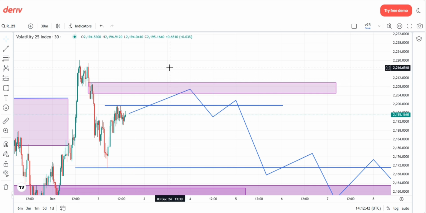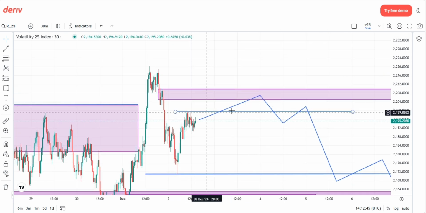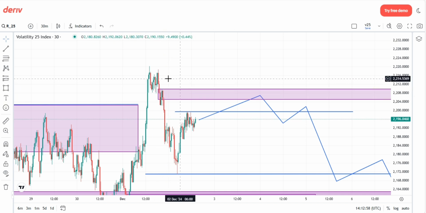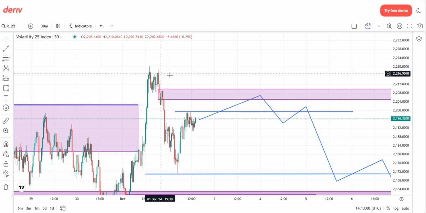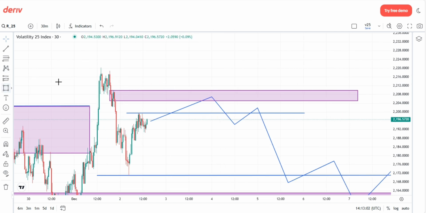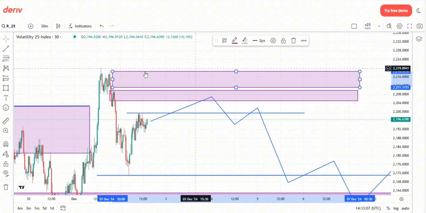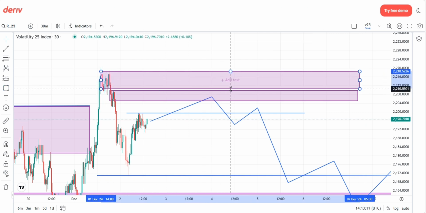But since I will be watching this, I'll be looking at the price action in this area, and if it broke, then I know it might be going for the liquidity above the order block here. Maybe it will respect this order block here.